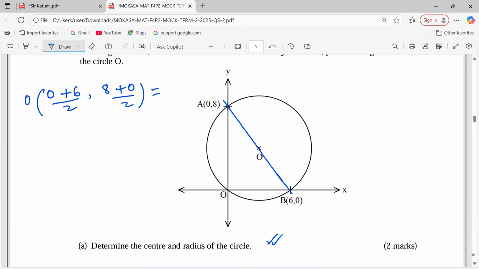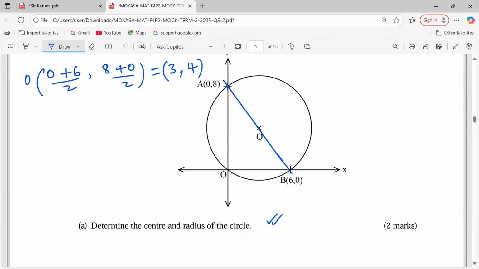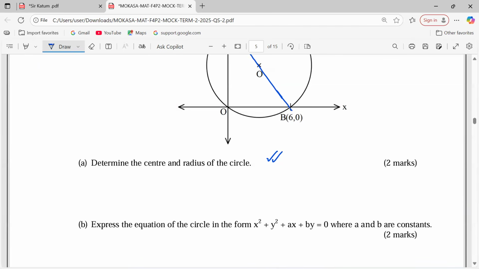This is going to give us 6 over 2, which is 3, and 8 over 2, which is 4. So the center of the circle as a coordinate is 3, 4. You're finding center, 3, 4. That one is done.